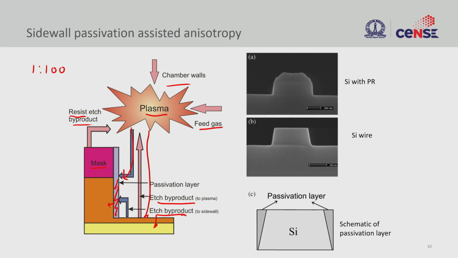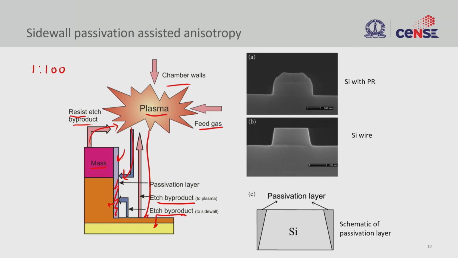So 1 nanometer of mask material is removed while 100 nanometer of silicon is removed, let's say, but 1 nanometer is removed nonetheless. So that removed material also goes into the plasma, and it can feed the sidewall coating as well.